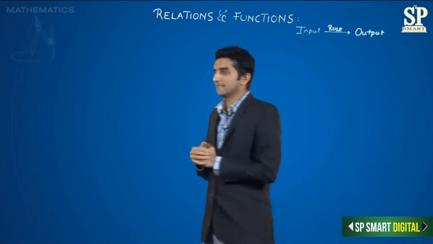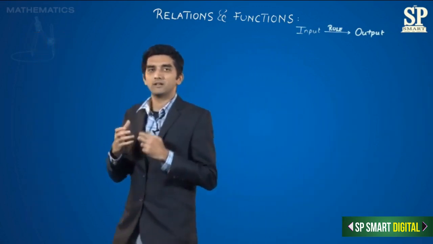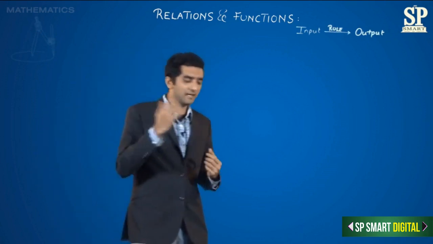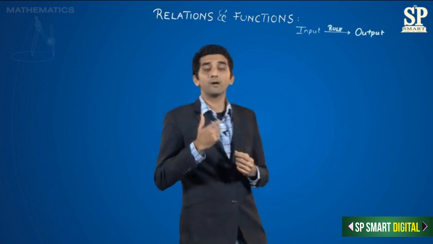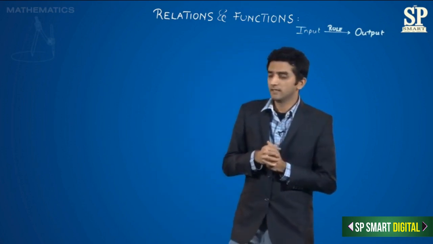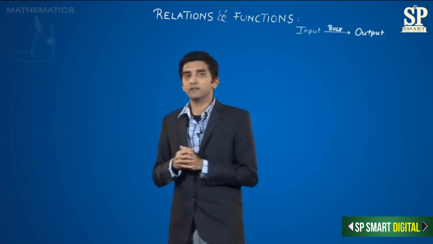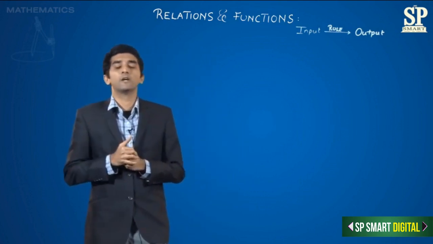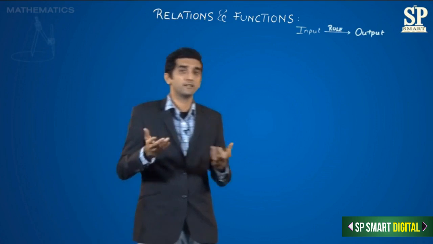Now, since at the start we were talking about real life examples of functions and relations, I happened to mention calculators, right? As far as I remember, the calculator initially in history was developed by Pascal.